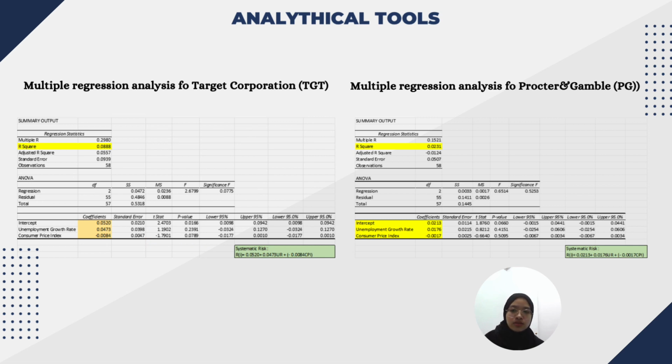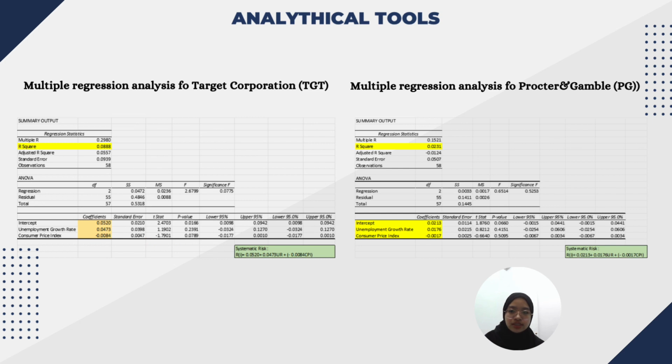If unemployment rate and consumer price index rise by 1%, and beta unemployment rate, which I found in regression, is 0.0473 and beta CPI is negative 0.0084, the stock is expected to have 5.1633% excess return.